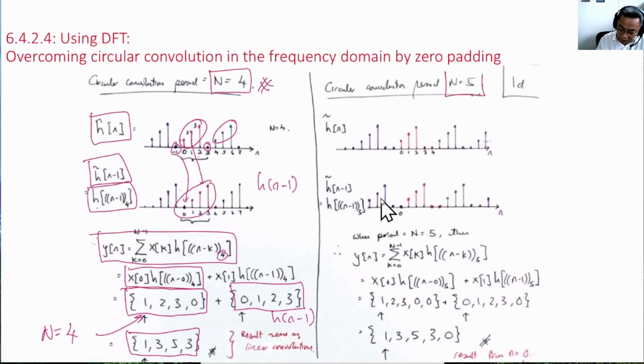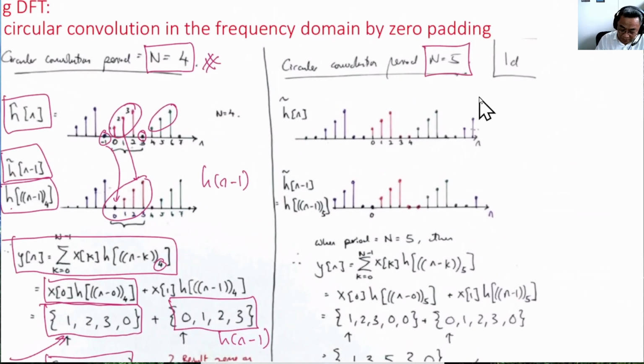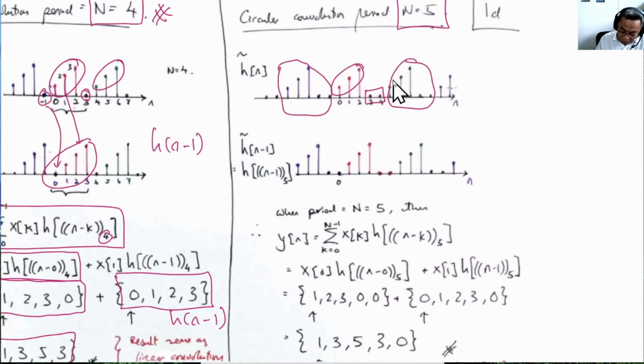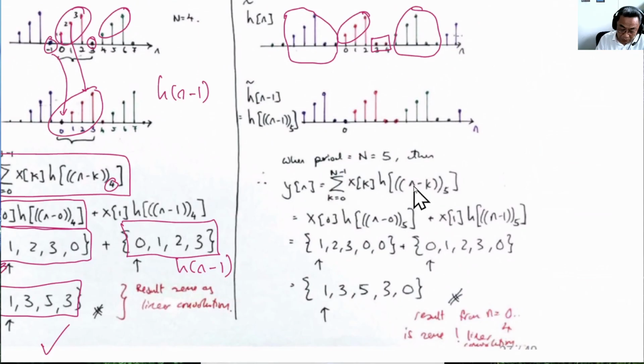So then, of course, if you ask me, should we use N equals 5 instead, or N equals 6? Let us try. So we pad the original sequence with 2 zeros. See? So this is 1, 2, 3 at index 0, 1, 2 with 2 zeros. And now it is repeating every 5 samples. Okay? So what do we do now? Well, let's again deal with this equation.